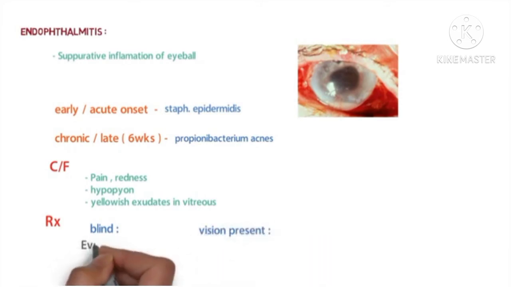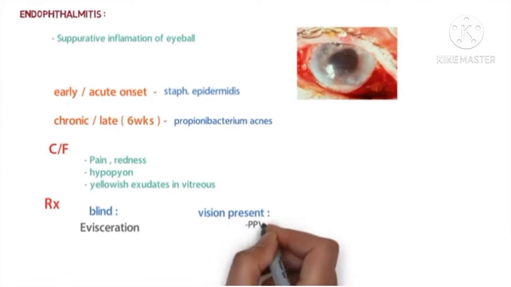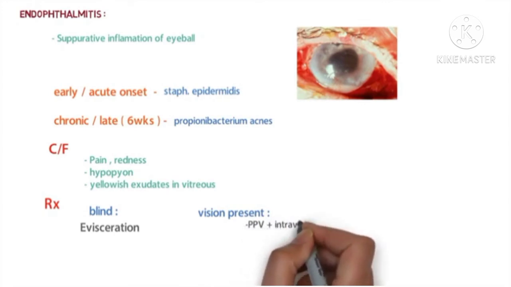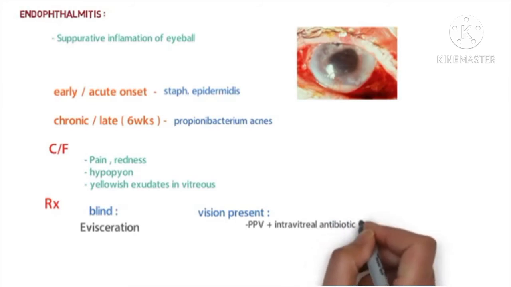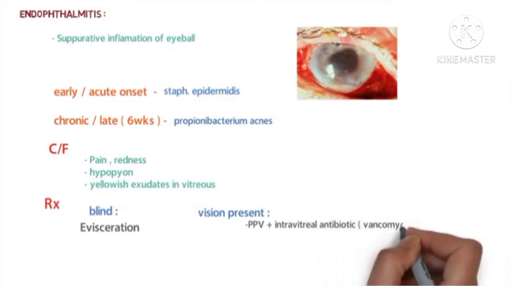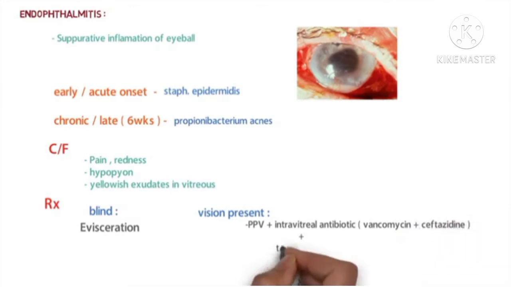In a blind person we can do evisceration, that is removal of everything in the eye excepting the sclera. When vision is present, we do pars plana vitrectomy plus intravitreal antibiotics like vancomycin and ceftazidime, and after that we give topical antibiotics. So this is about endophthalmitis.